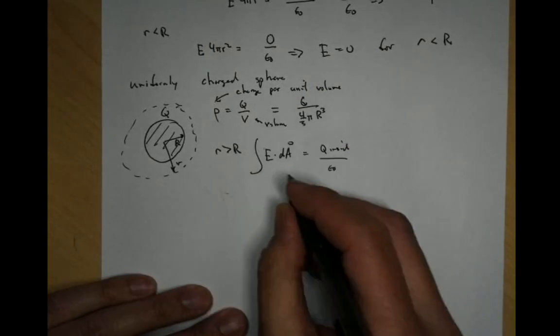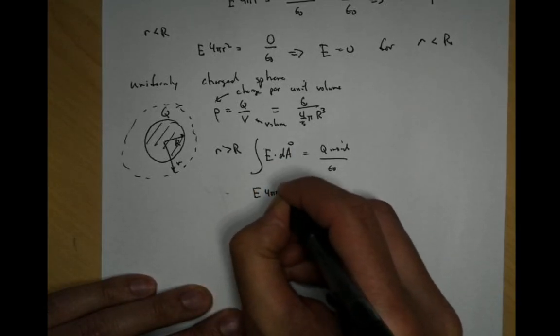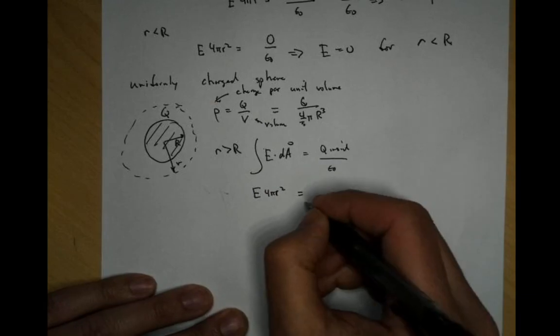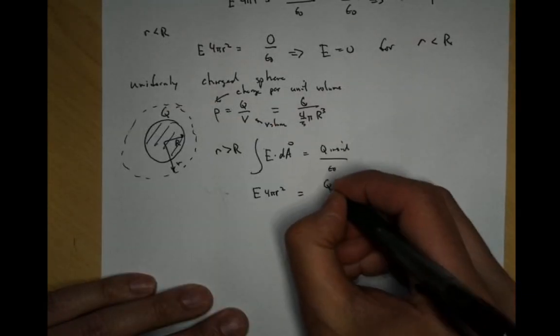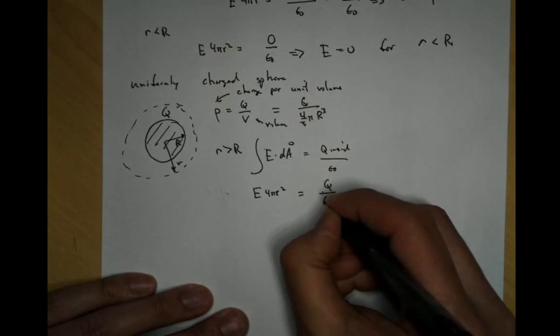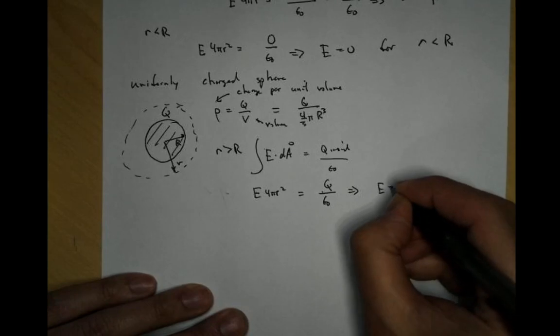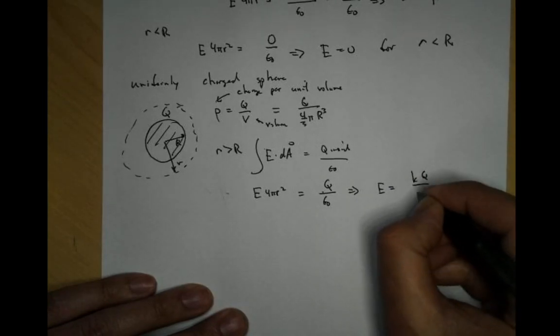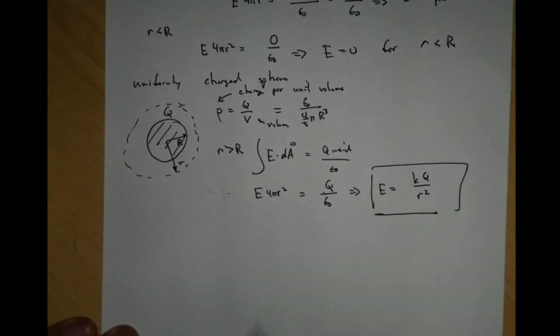This thing always turns out the same, because of spherical symmetry. This is E times 4 pi r squared. Now what's Q inside? In this case, it's easy. What's contained inside here is the total charge Q. So Q over epsilon naught. And so again, if you work this out, E is equal to KQ over r squared again. Okay? All right, simple enough.